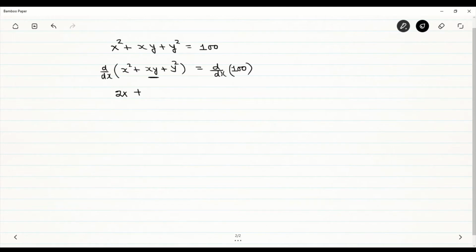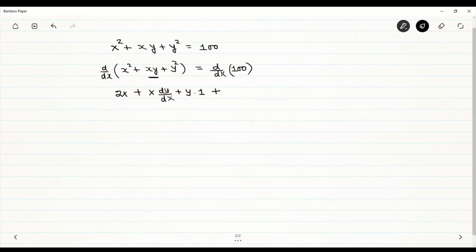Xy is a product here, x into y, so I will use the product rule. It is first function into derivative of the second, dy by dx, plus the second function, which is y, into derivative of first, that is 1, plus now I'm differentiating y square.